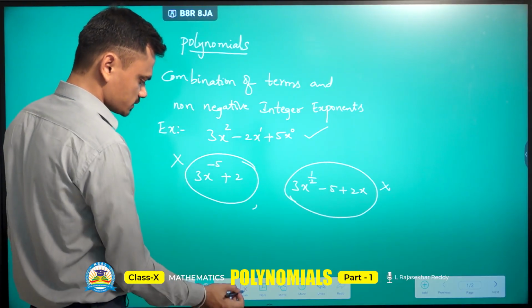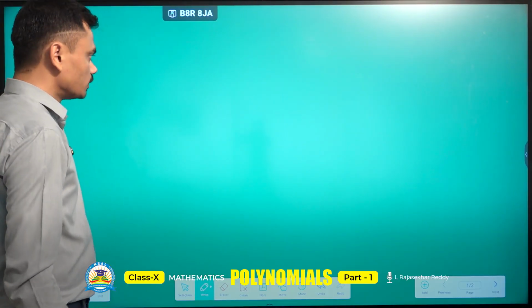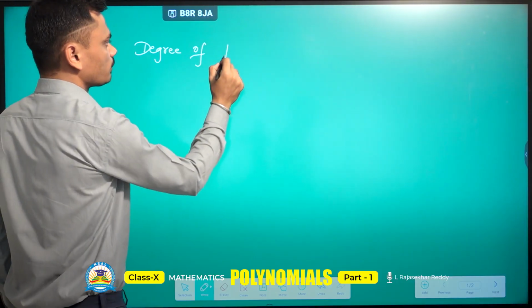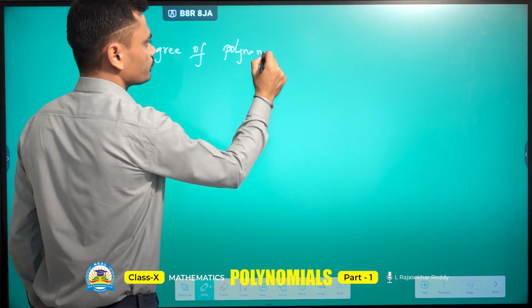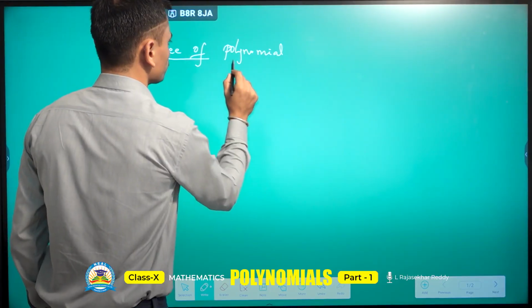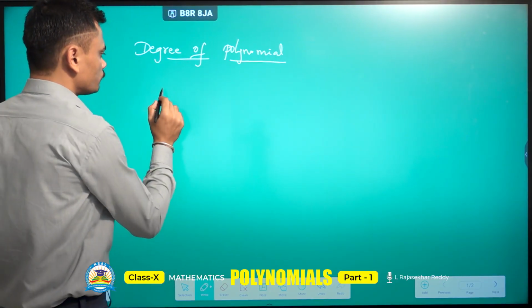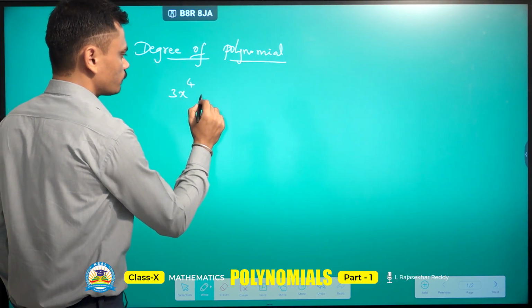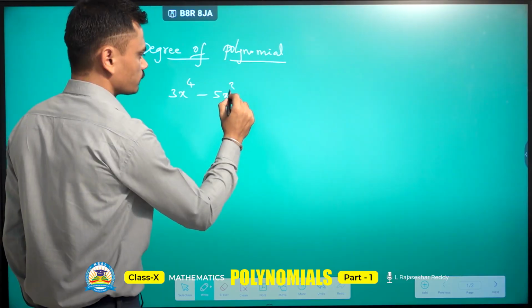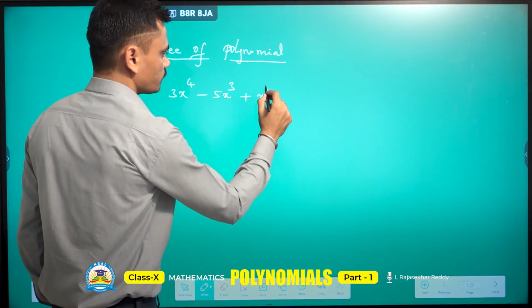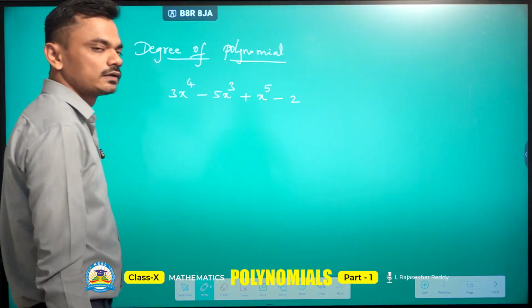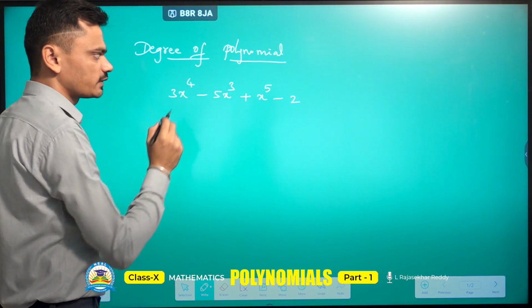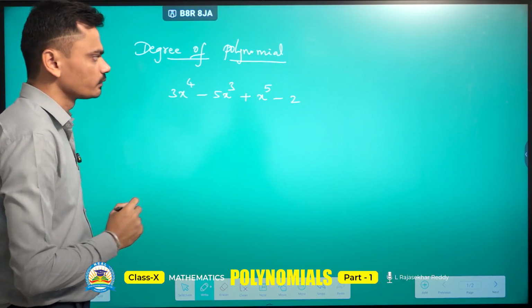Okay. Next, degree of a polynomial. One question: find the degree of 3x power 4 minus 5x cube plus x power 5 minus 2.